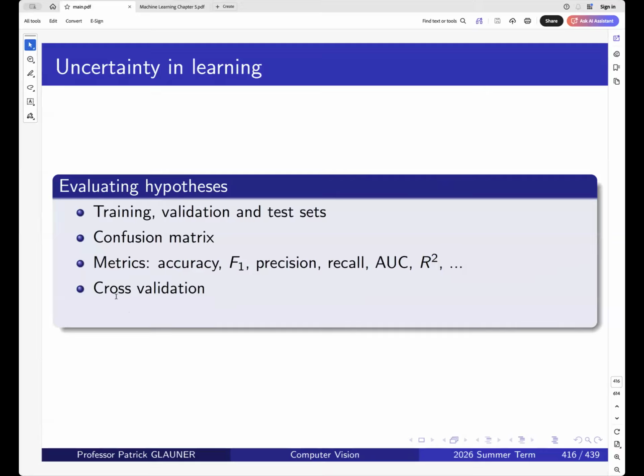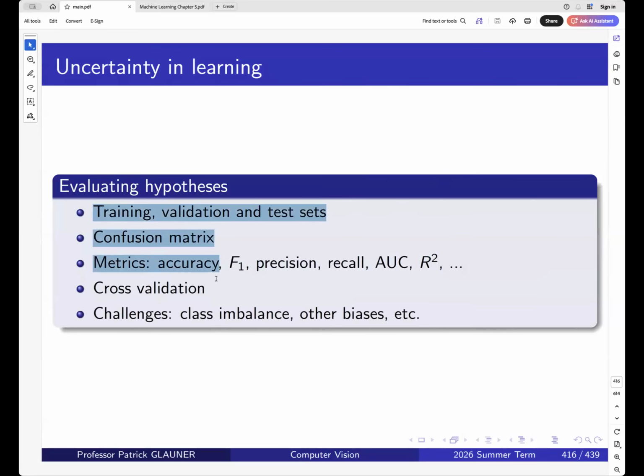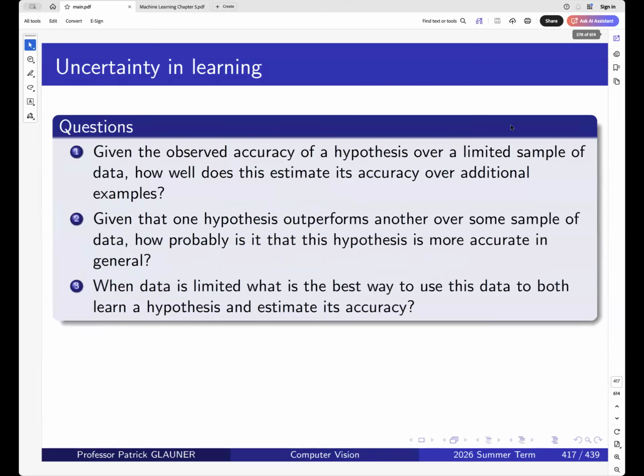We can even do cross-validation to get a better estimate, but there are challenges. Whatever we try here, there's class imbalance, other biases, and so forth. All of these approaches are helpful and we need to do them, but they are not enough. When we evaluate hypotheses, we can come up with a couple of more advanced questions.